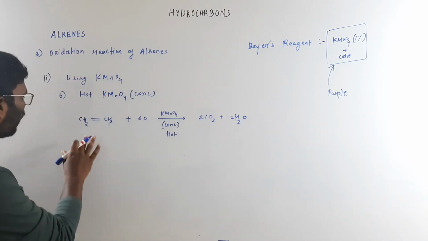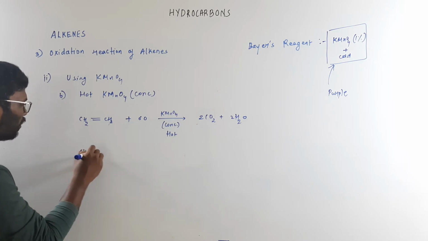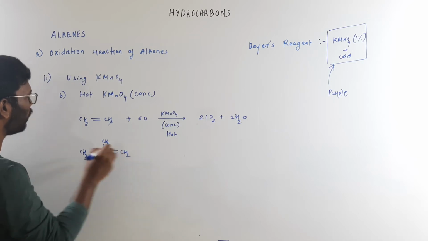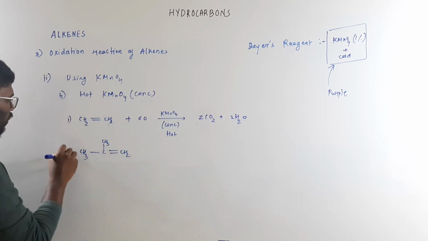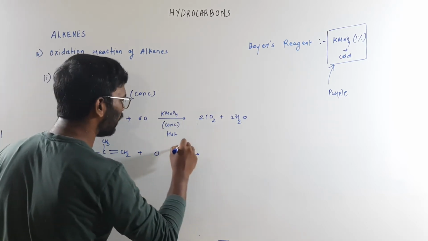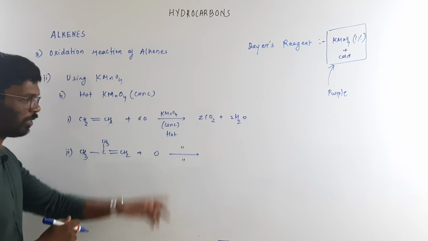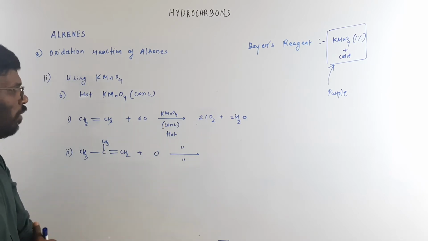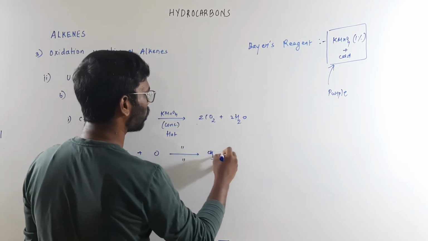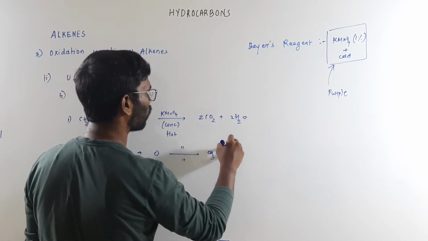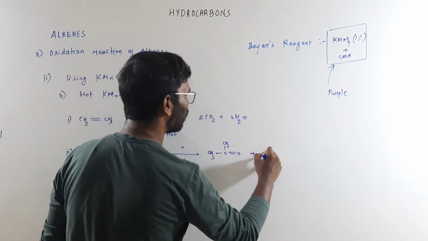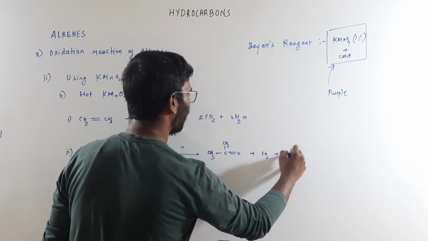We are getting carbon dioxide and water. Let's check if I am taking this type of alkene, CH3, CH3, and here it is CH2. If I do the oxidation with the same reagents, putting the same reagents over here, the thing we are going to get is a ketone, plus carbon dioxide and water.